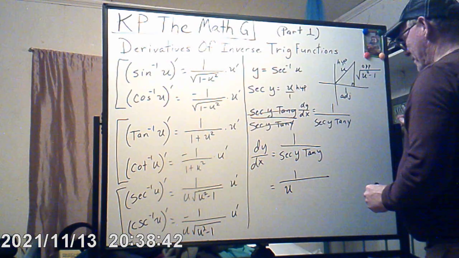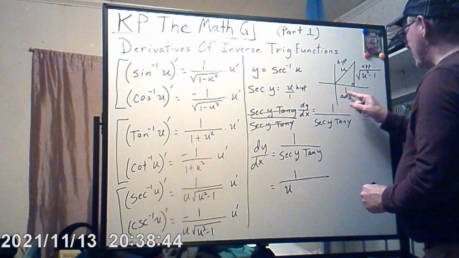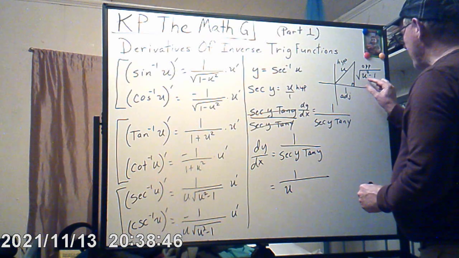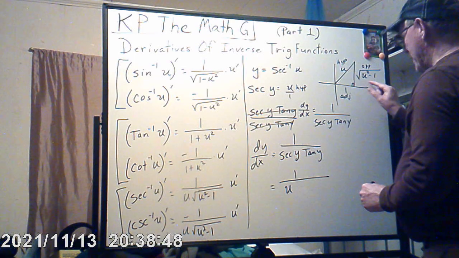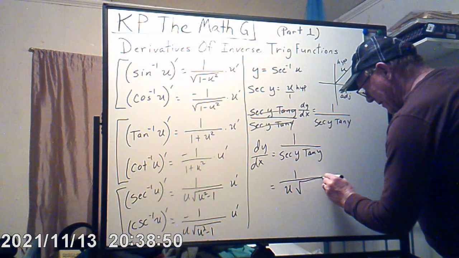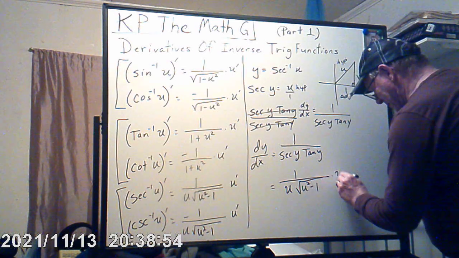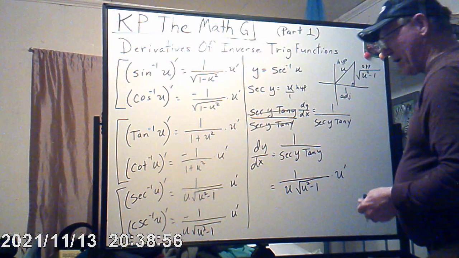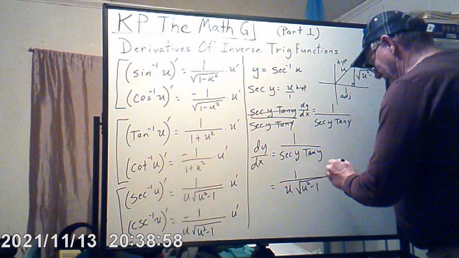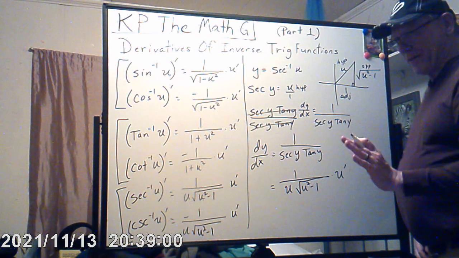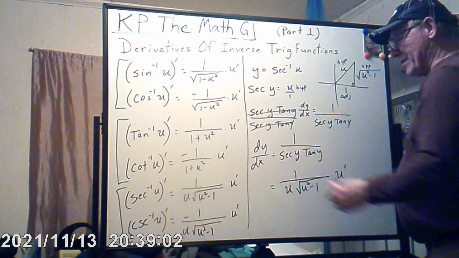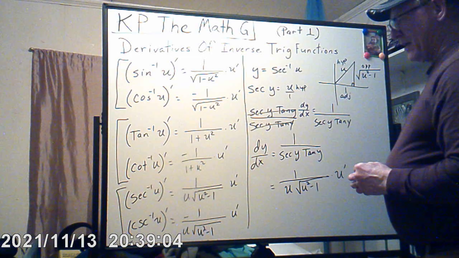And then the tangent is opposite over adjacent, so the square root of u squared minus 1 over 1 is just the square root of u squared minus 1. And remember to just tack on the u prime at the end. You'll see the need for that definitely when we get into our next video.